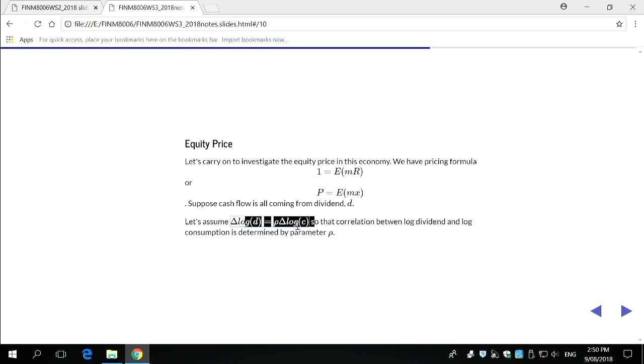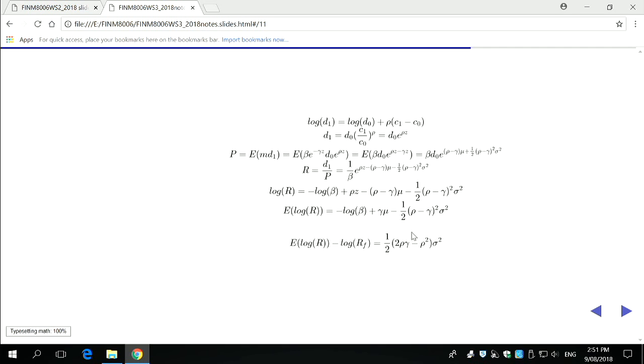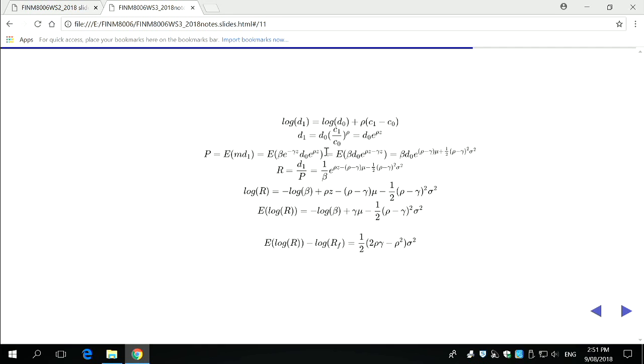Okay, so this rho actually may be higher than 1 because you only take a proportion from your dividend payment for consumption, right? So that's the setup. Then, because this is log D, D is just the exponential of the growth rate, which is rho times Z, basically, right?